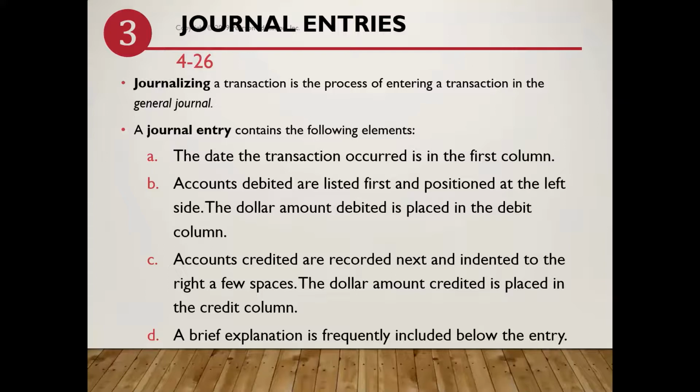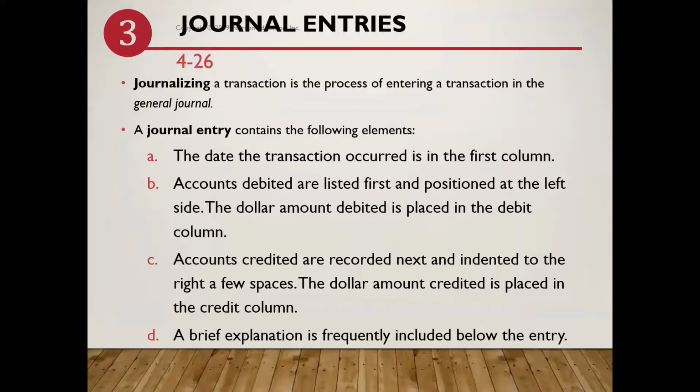Debits and credits represent increases or decreases to specific accounts depending on the type of account. So a journal entry contains the date the transaction occurred. The accounts debited are listed first and positioned at the left side.